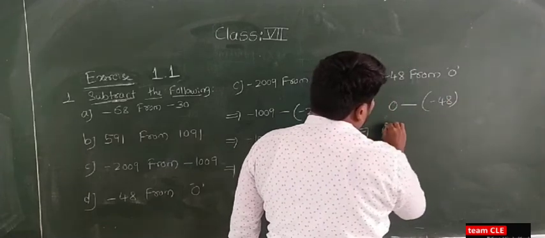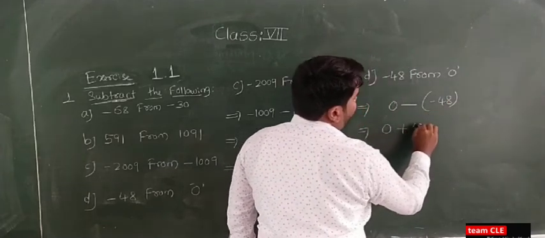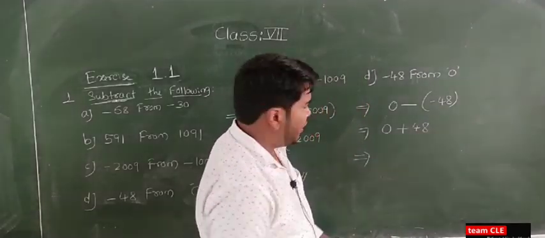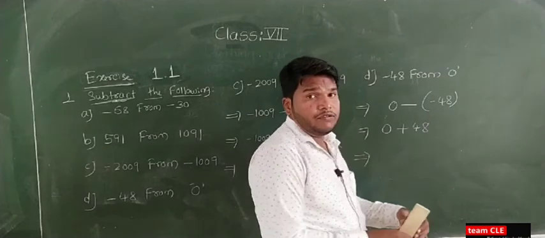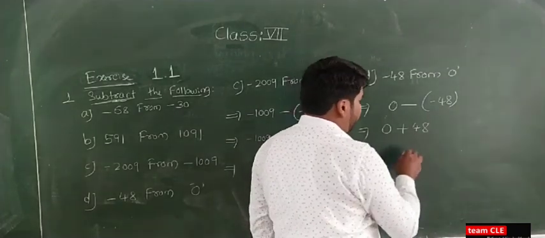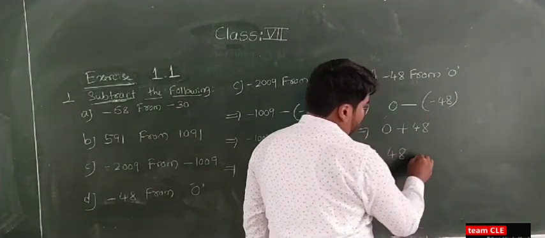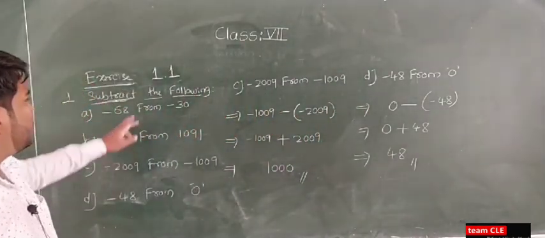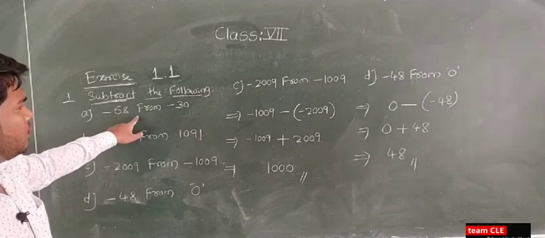So 0 minus into minus is plus 48. That is the additive identity: any number added to zero gives the same integer. So 0 plus 48 is 48. I hope you are understanding how to solve the subtract the following examples.